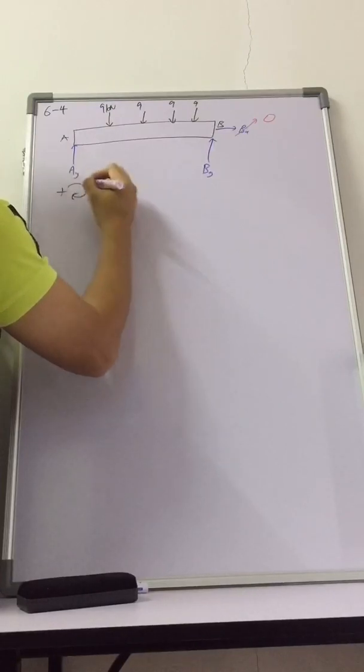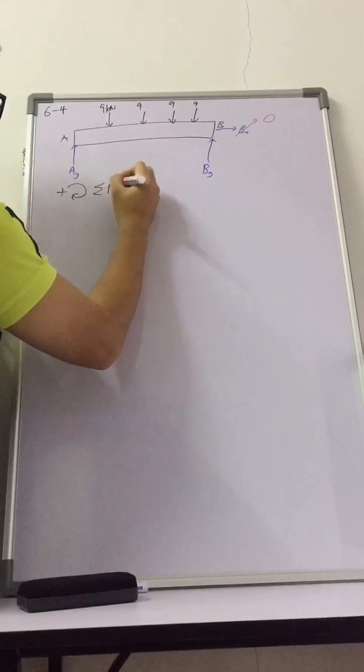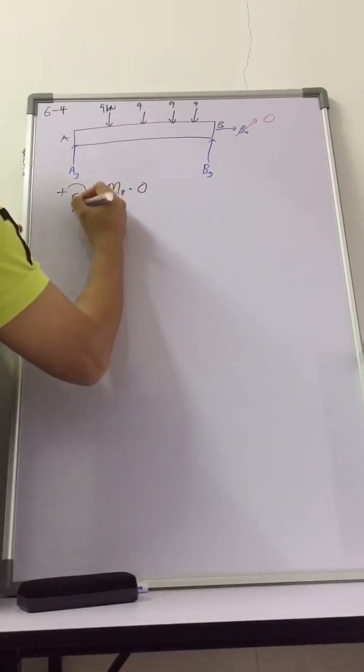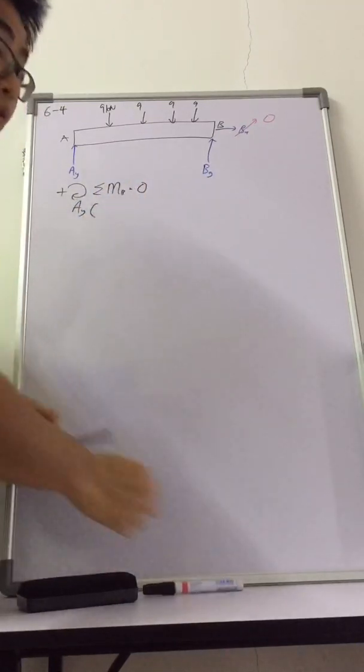Moment about B, assuming clockwise direction as positive, equals 0. So Ay times, okay, one thing, we need to put the dimensions.